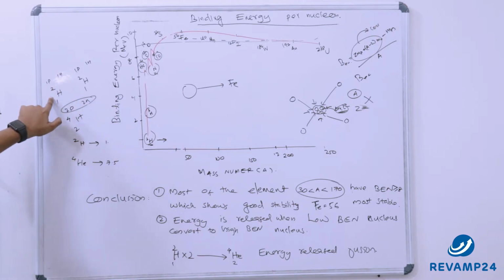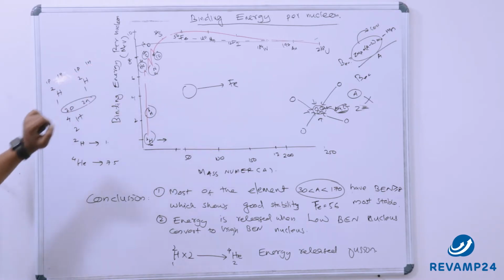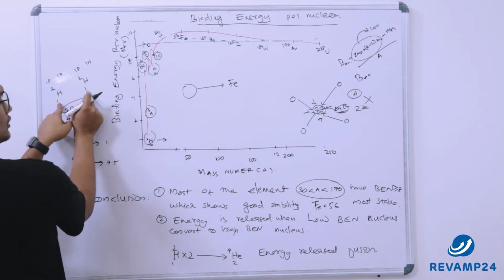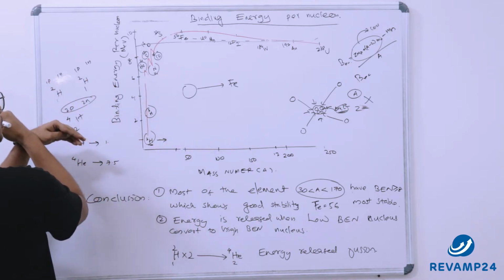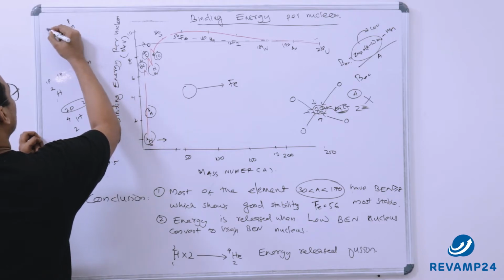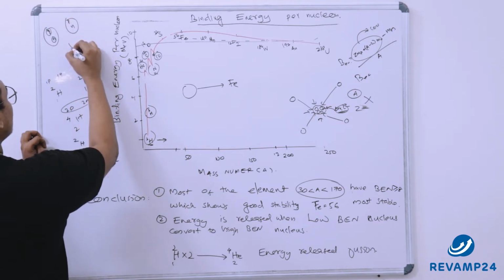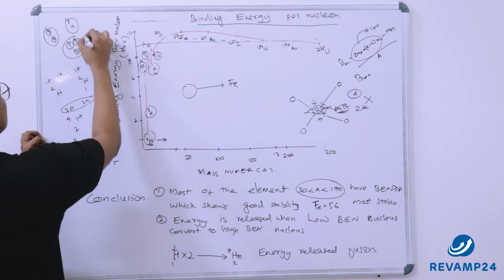It's not hydrogen, it is an isotope of hydrogen, deuterium, having 1 proton and 1 neutron. So if 2 deuterium nuclei combine together, 1 proton and 1 neutron with another 1 proton and 1 neutron, on combination that will become 2 protons and 2 neutrons.